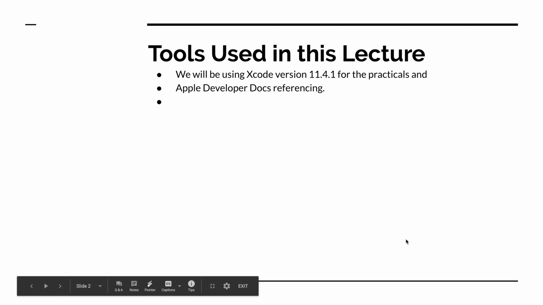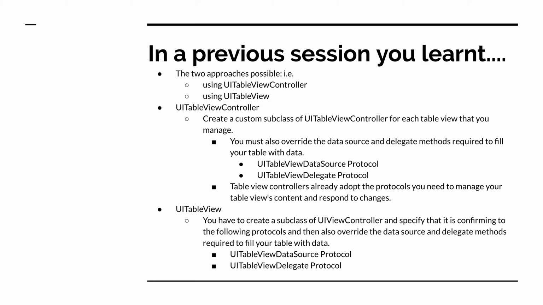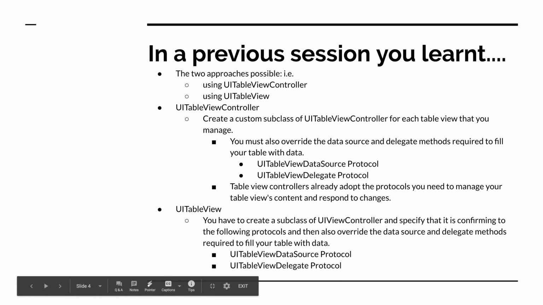So friends, in a previous session you learned that there are two approaches possible when it comes to creating table views. Just to recall it very quickly, one approach is using UITableViewController and the other one is using UITableView. So this first one, UITableViewController, we covered in our previous lessons, right?